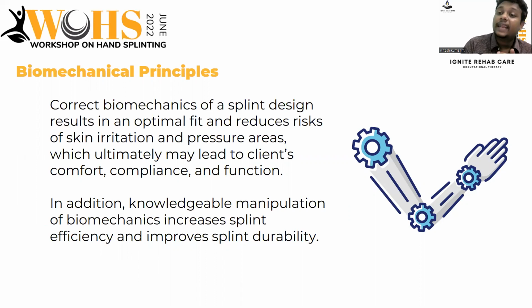If we don't care about the complications that may arise due to splinting, it will result in a very negative view from the patient, because you are the therapist and you are making the splint. If you don't consider these factors while designing a splint for your patient, it will become quite problematic for you. So you should make sure that you are following these principles in your splint practice, for sure.